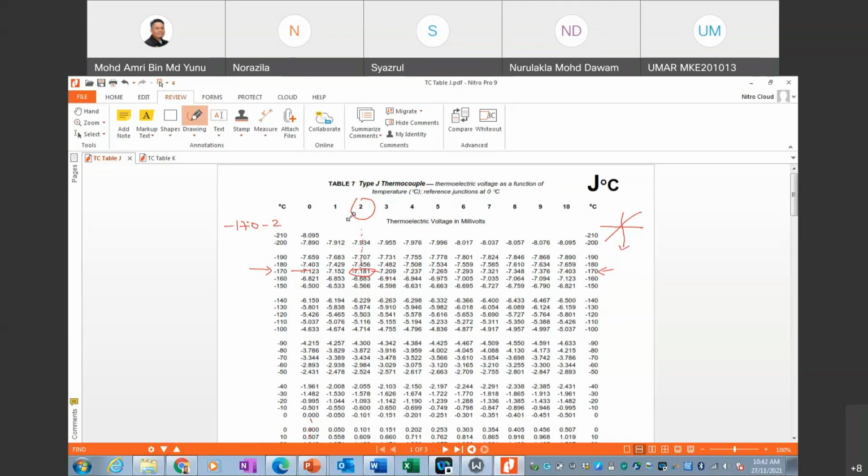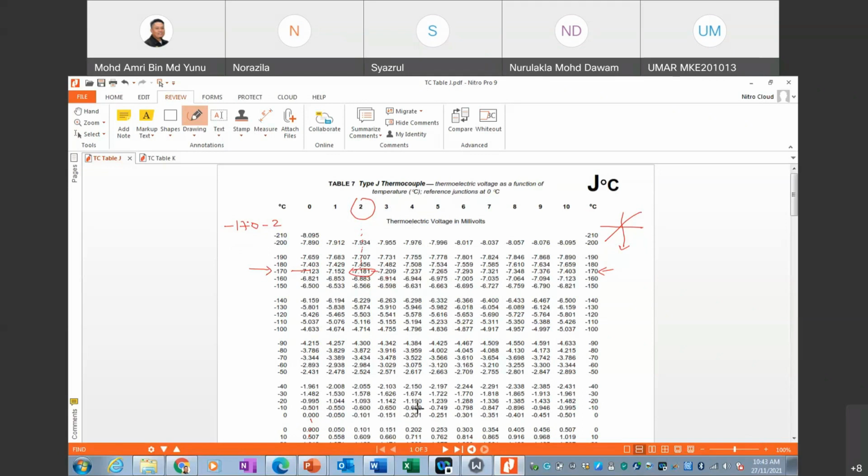So this point, VM, is actually negative 172, minus 2, or not plus 2. Positive range, yes, you have 2 plus. For negative range, you have 2 minus. So take attention to here.